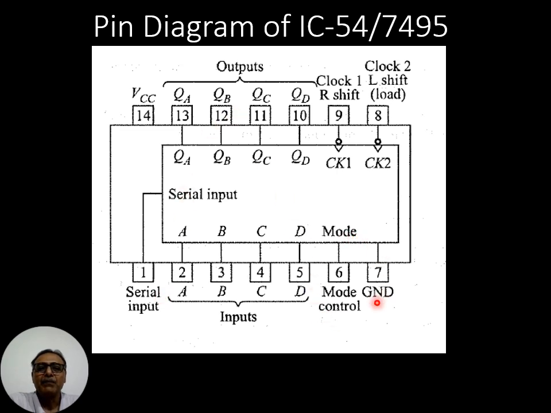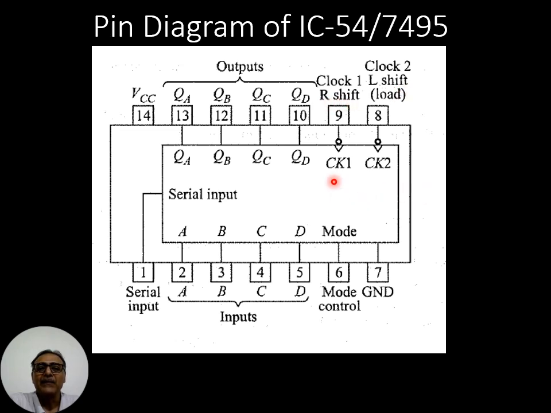Here pin number 6 is the mode control pin, which controls the mode of the IC as parallel input or serial input. We can apply the clock pulses at pin number 9 or 8, called clock 1 or clock 2.